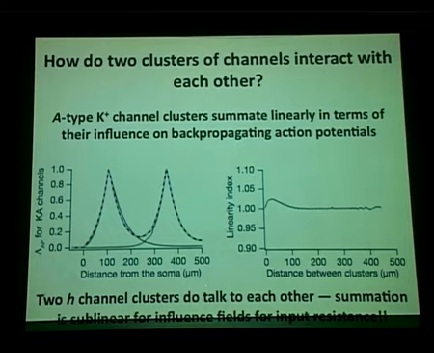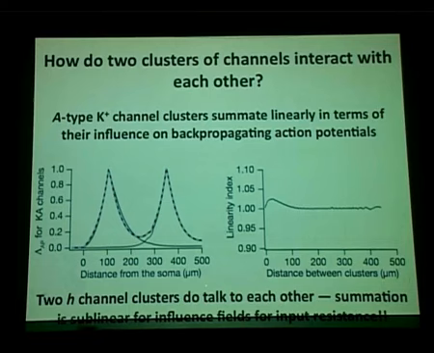So for backpropagating action potentials, the linearity index of this summation is almost 1, irrespective of where your clusters are placed or the distance between them, suggesting that these influences summate linearly in arriving at the final map.